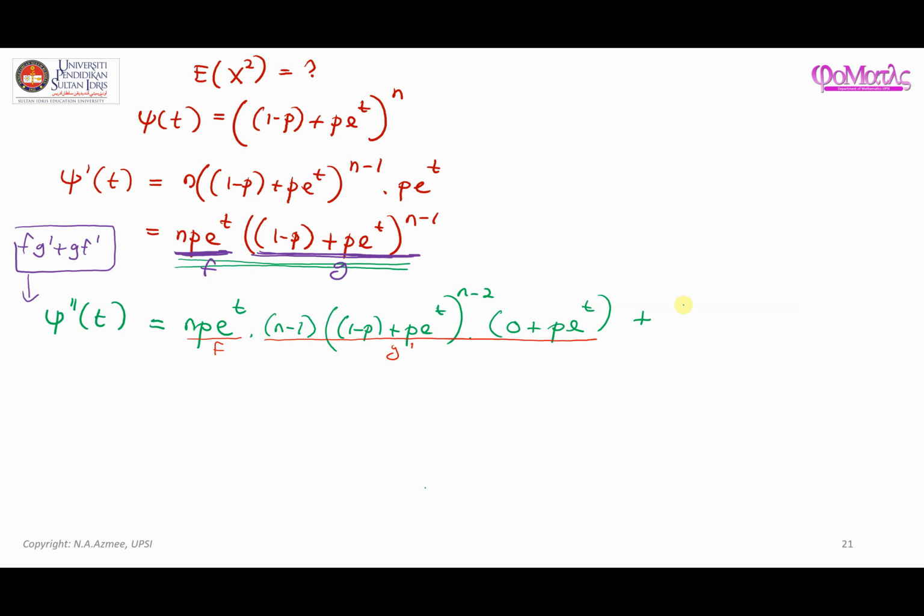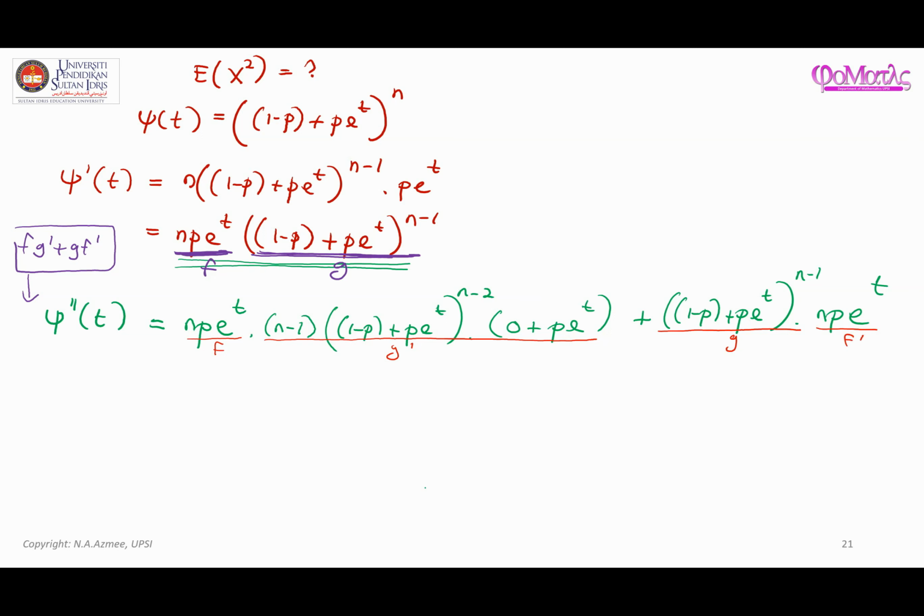So g is the whole thing here, (1 - p + pe^t)^(n-1). Differentiate f with respect to t: n and p are constant, so we maintain that value, and differentiating e^t gives e^t as well. So here is g, and over here is f', according to the formula.